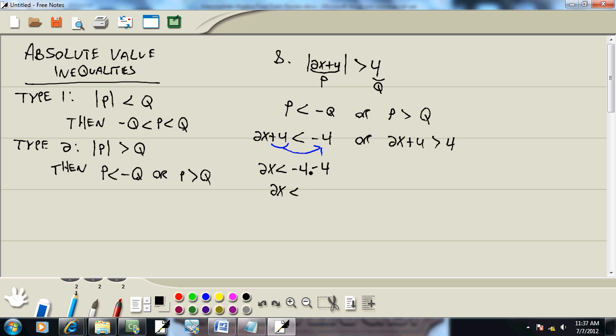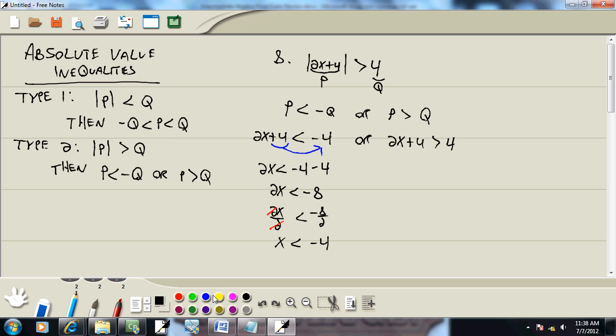No matter what, combine together like terms, combine together numbers at any step. Negative 4 is negative 8. And fourth step, last step, is divide both sides by the number in front of your x, which is 2. So divide both sides by 2. And those 2's are going to cancel there. And negative 8 divided by 2 gives us negative 4.